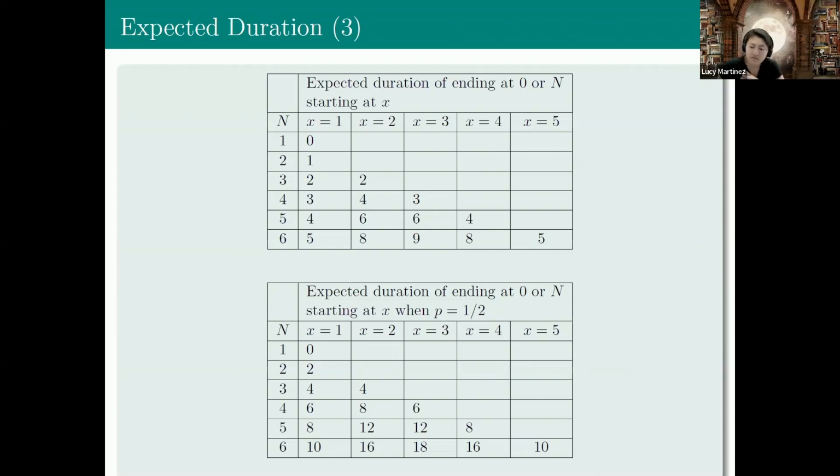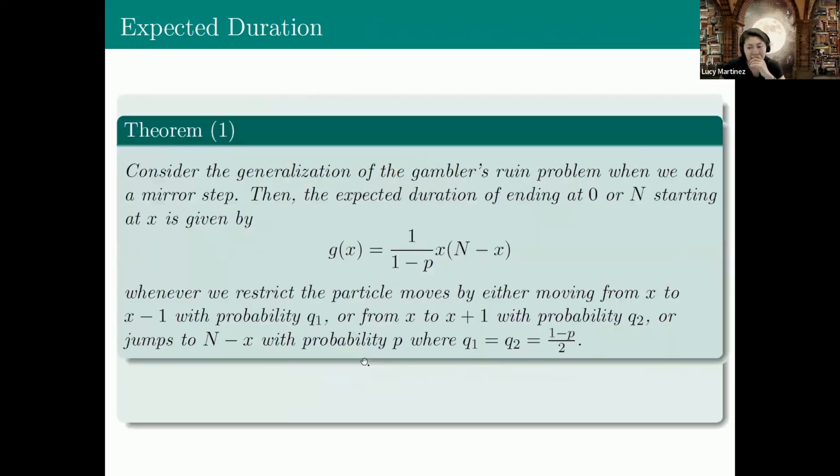And sure enough, this multiple of 2, it so happens that we can think of it as maybe the reciprocal of the p value that we start with, because the reciprocal of p is 2. And it turns out that that's almost correct.